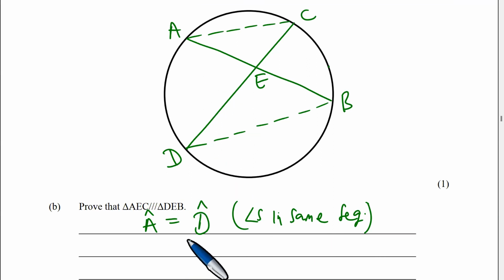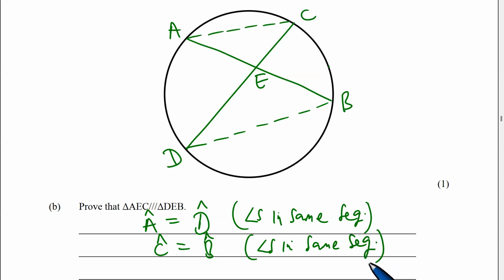And we also have that C equals B, angles in the same segment. So now you have that this angle equals this and this angle equals this.